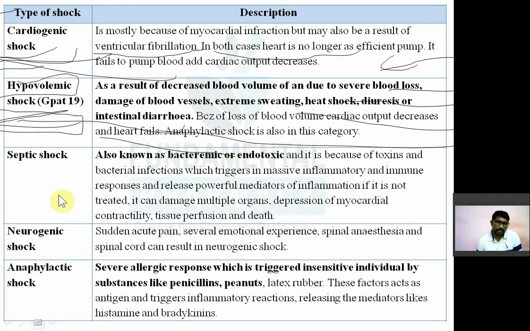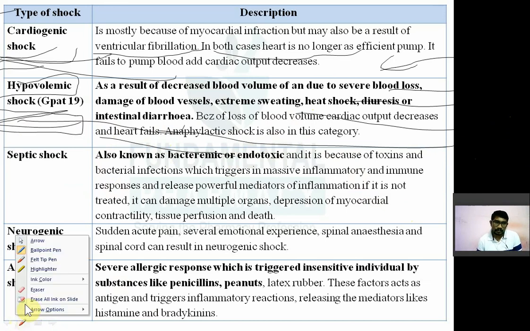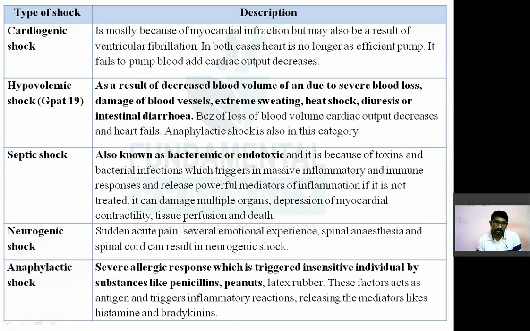So we have seen cardiogenic shock and hypovolemic shock. Now next is the septic shock. Septic means related to infection. It is also known as bacteremic or endotoxic shock.